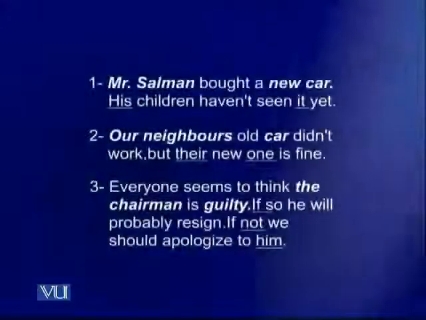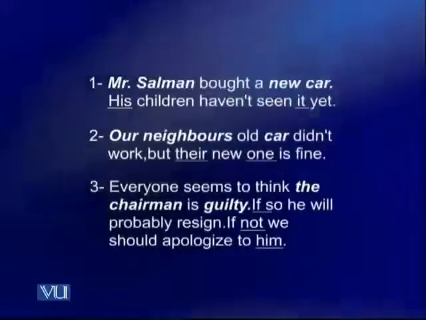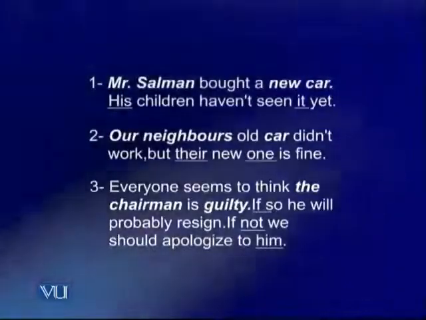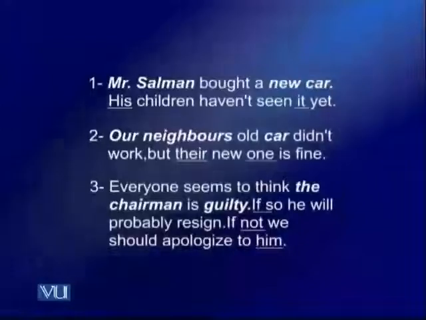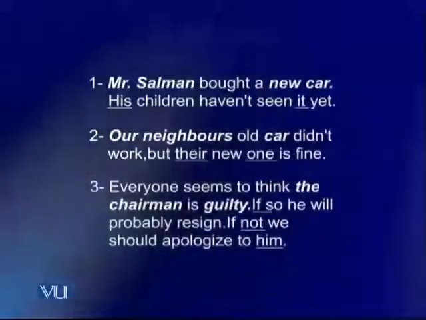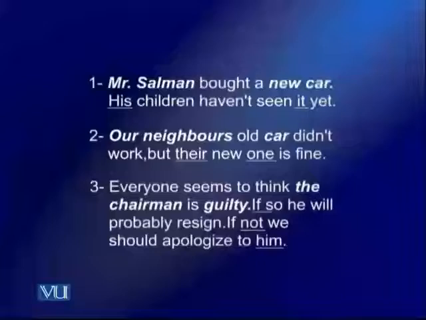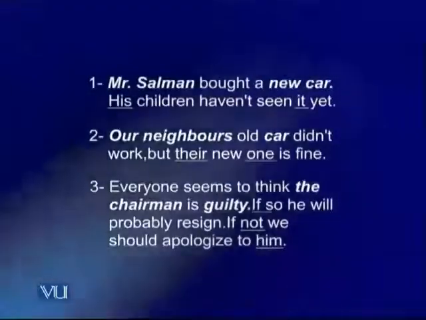Let us look at sentence 3. Everyone seems to think the chairman is guilty. If so, he will probably resign. If not, we should apologize to him. These are 3 sentences. The first one has the words the chairman and guilty in italics.